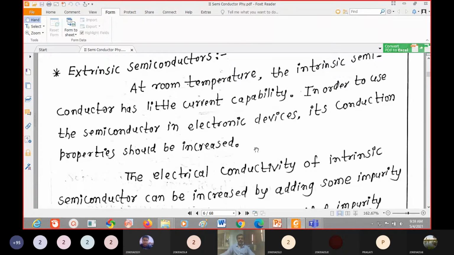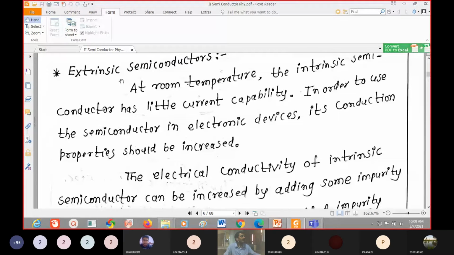If you want very high current at room temperature, pure semiconductors are not suitable. So what we will do, we already studied one property.